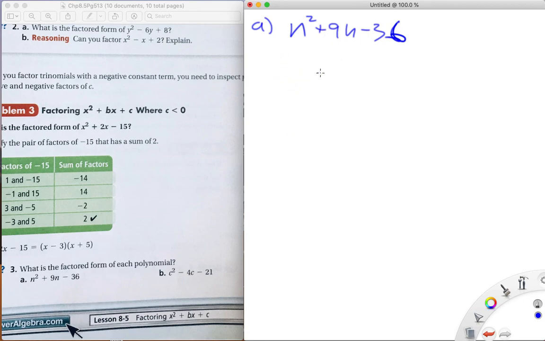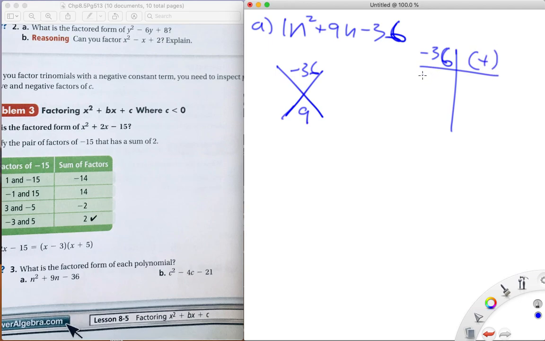So when I do my diamond, again, remember, there's a 1 in front of here, so it's going to be 1 times negative 36, which is negative 36. And then when I add these guys up, it's going to give me 9. So I know that my product, whatever I'm multiplying, is going to be negative 36. And when I add them up, it's going to give me positive 9.